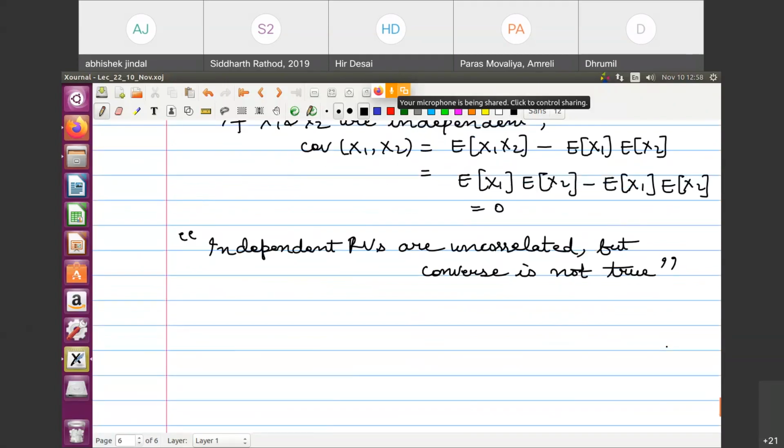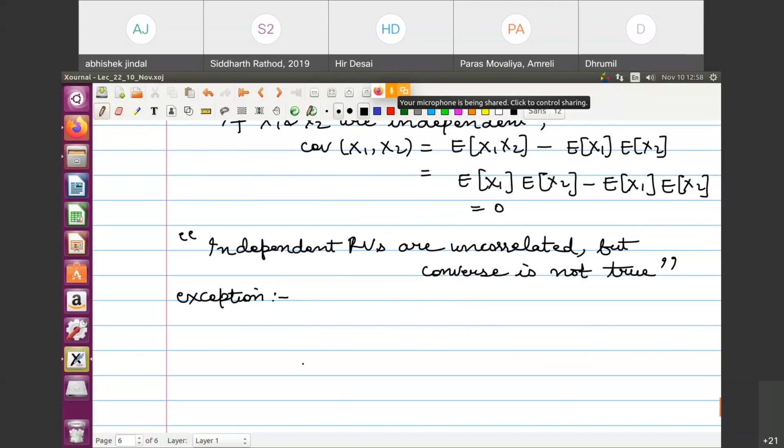But there is an exception: Gaussian random variables. It means if Gaussian random variables are uncorrelated, they are independent. So the converse holds. Or I should write not Gaussian, they should be jointly Gaussian. Let me write it down more properly, because this might lead to some confusion.